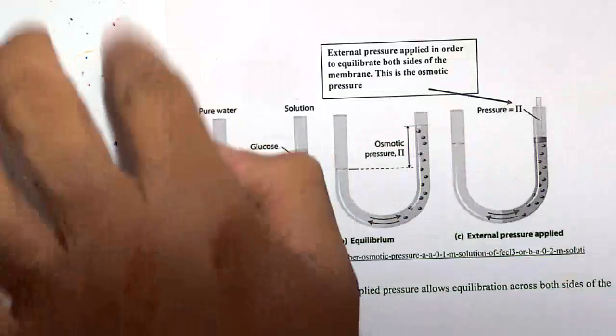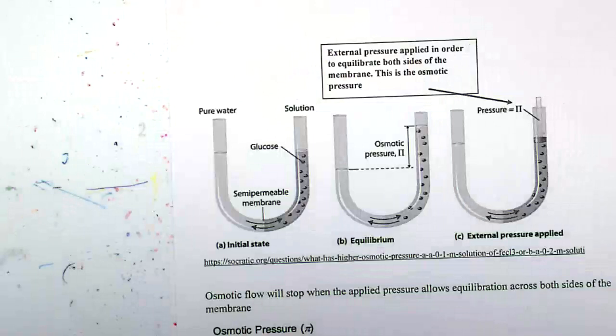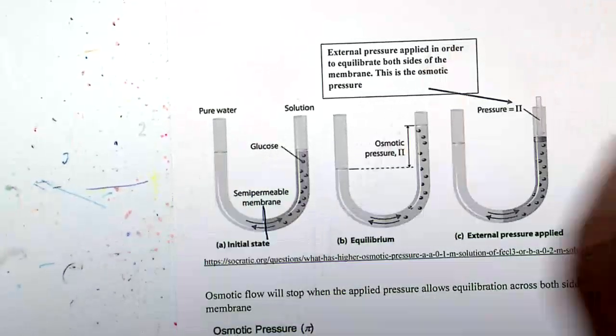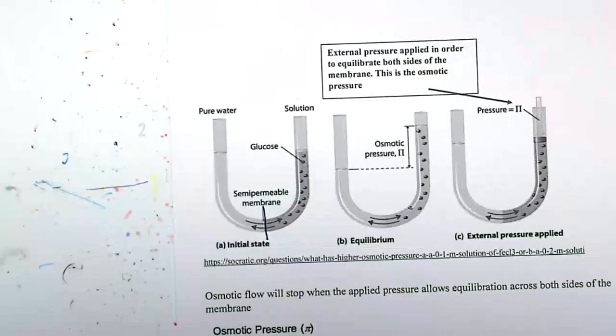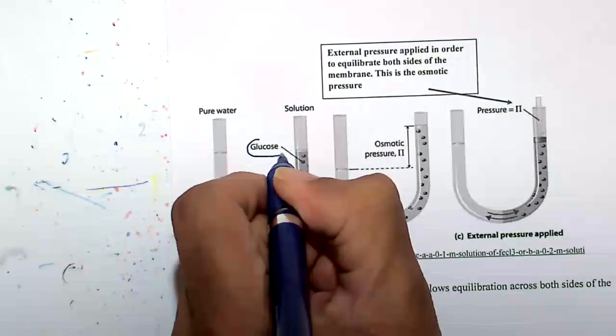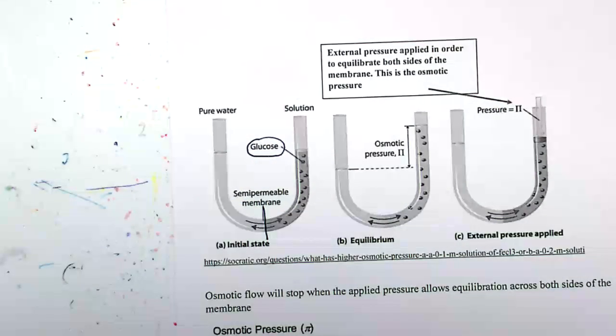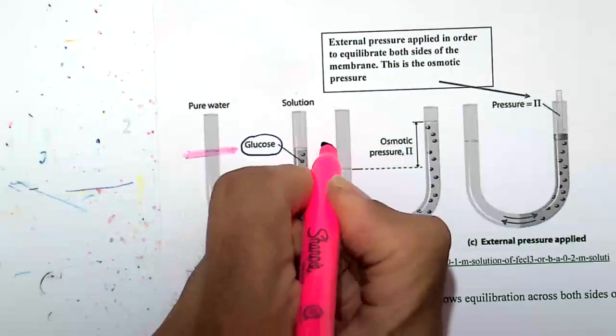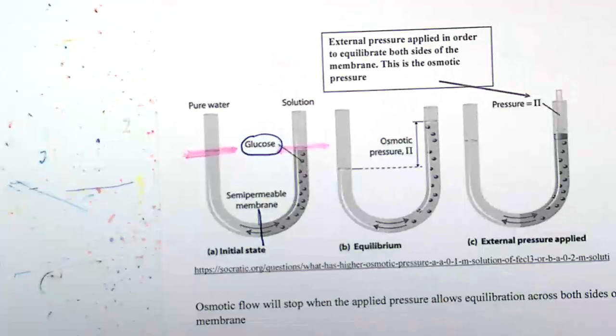Here's another example. Imagine you have a U-tube, a glass shaped like a U, and we place our semi-permeable membrane here. Semi-permeable means water can go back and forth, but not your solute. Here the solute is going to be glucose. Notice the liquid levels here and here.